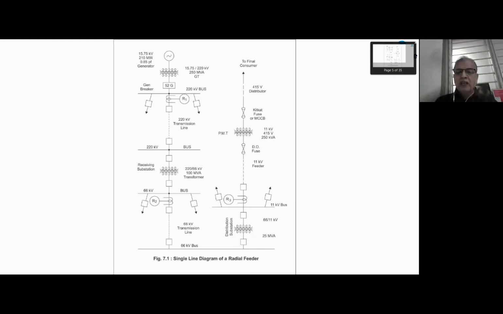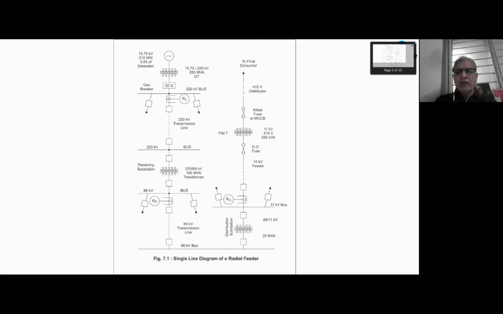So circuit breaker, transducers, that is CT and PT, relay and relevant control circuit form the protective relaying system. That will obviously provide highly comprehensive and versatile protection, but for PMT that is not required.